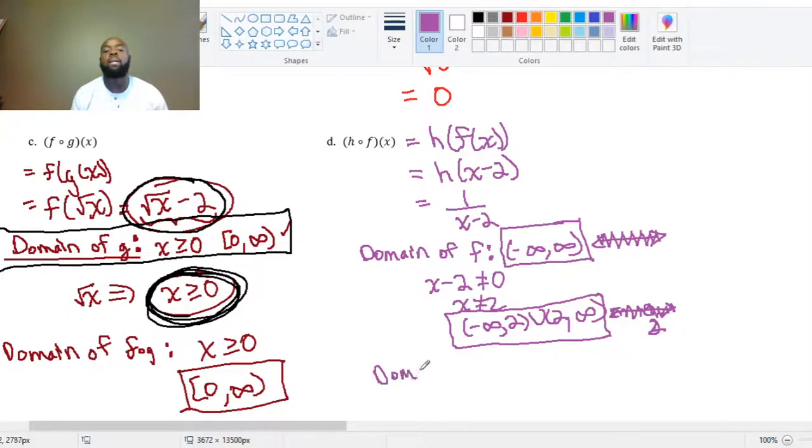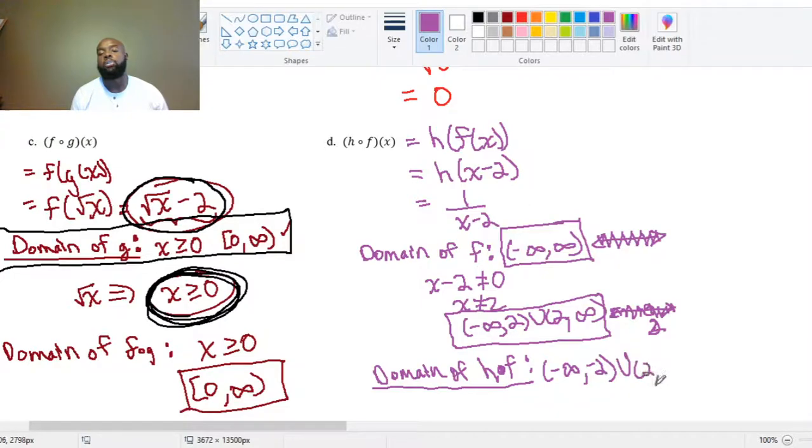So my domain of my composite, which is h composed with f, is negative infinity to 2, union 2 to infinity.